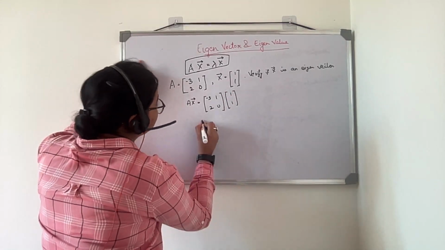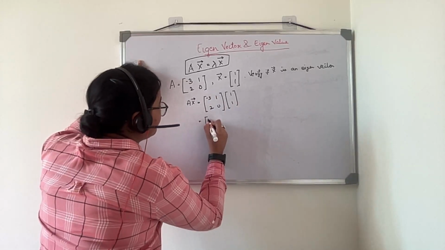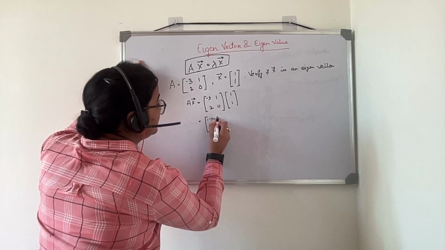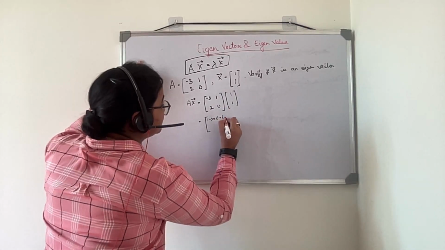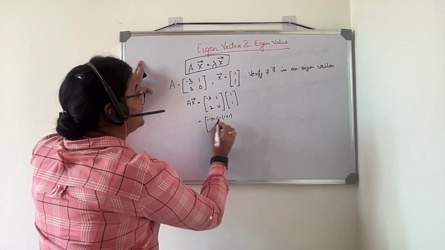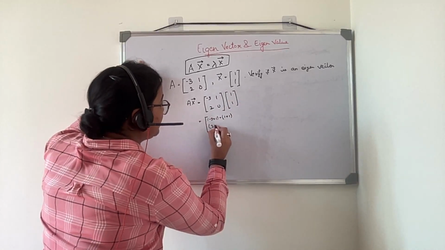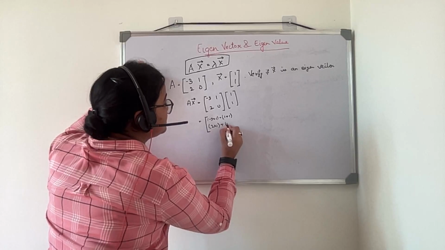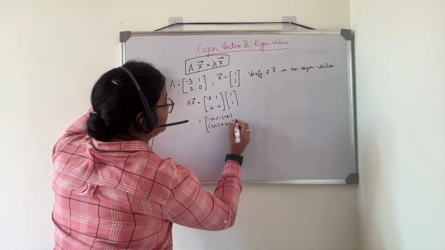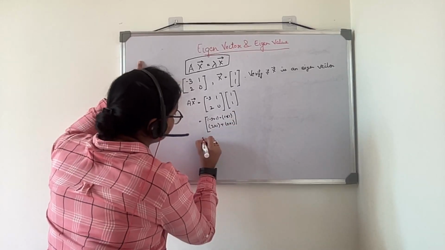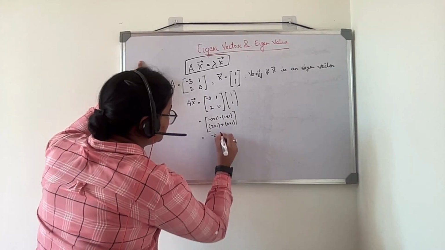So we will do the row and column operations here. -3 into 1 plus 1 into 1, this is the first row. Then 2 multiplied by 1 plus 0 multiplied by 1. So the resultant vector comes as -3 plus 1 is -2, and this comes as 2.